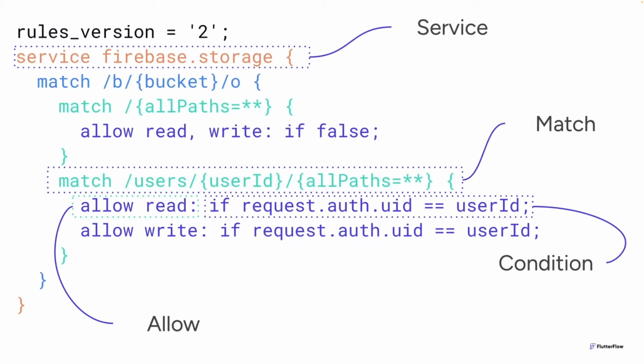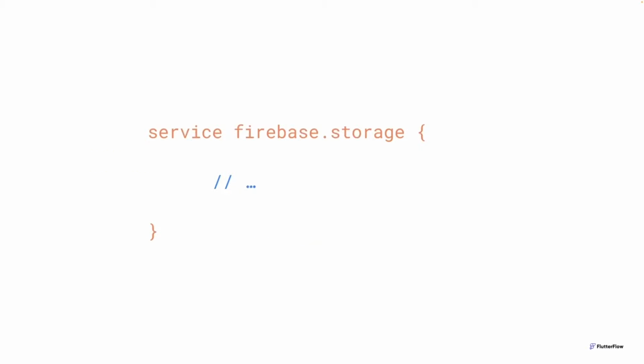Let's break this down. As Firebase security rules are defined to support multiple services in a central manner, you need to declare which service you are writing the rules for. Using service firebase.storage indicates that these rules are being applied to the Firebase Storage service.